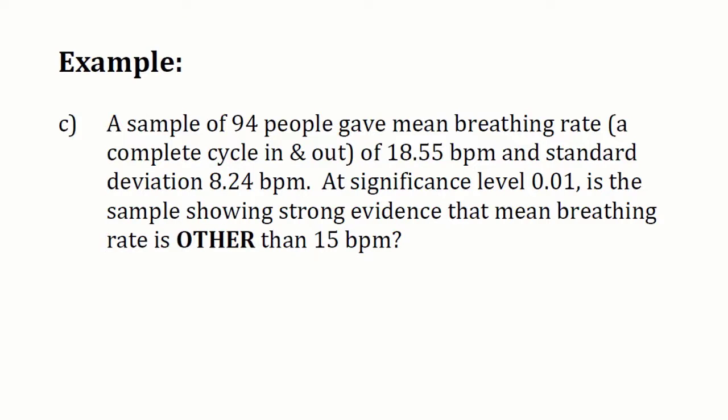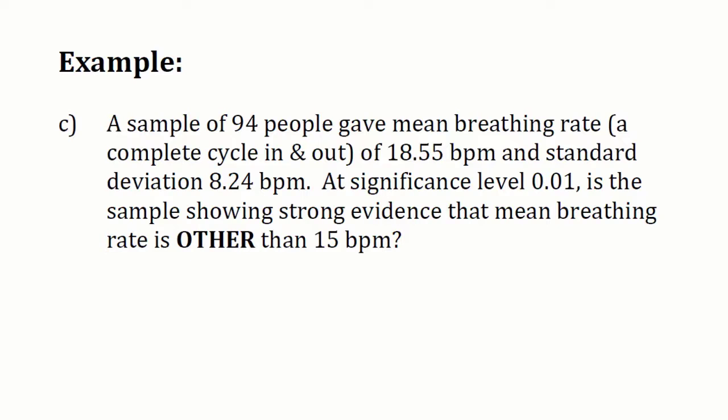And now we are at example C among our examples in testing a hypothesis about a population mean value. So let's now spend some time reading the wording description of our example C here.